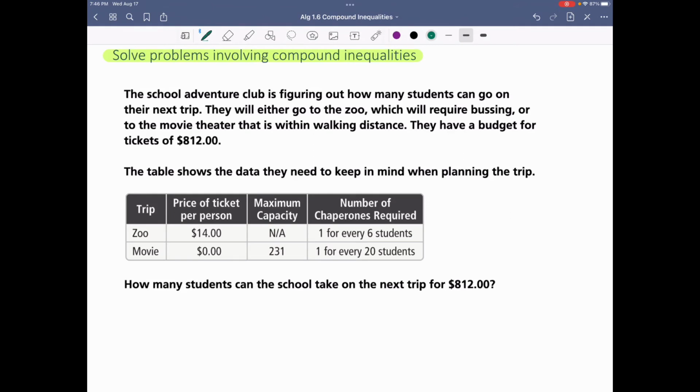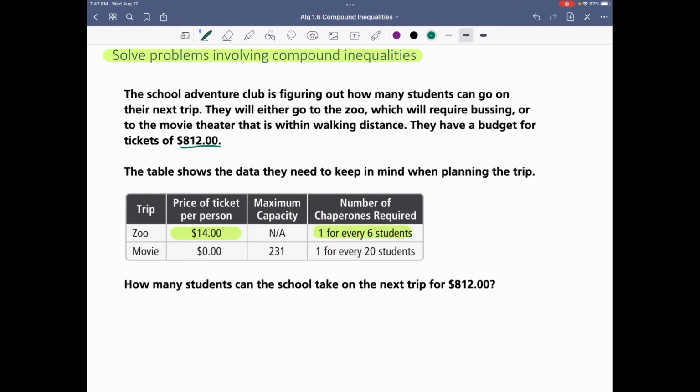All right, there's a lot of information to look at here. We have zoo is $14 a person, but there needs to be one chaperone for every 6 students. So we have this that we have to take into account. Since there's a budget of $812, we have to take that into account for tickets.